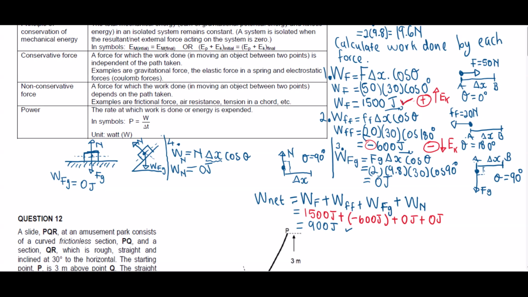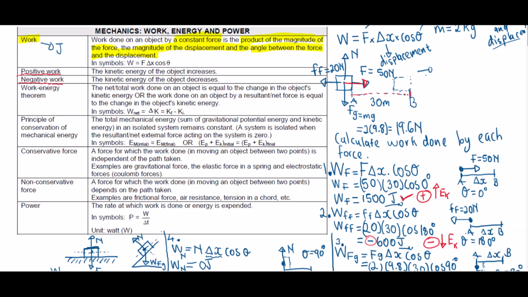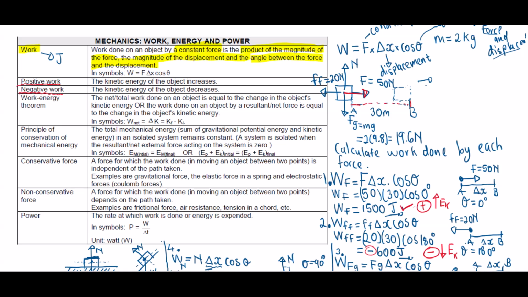So remember what net work is. Net work is basically the sum of the works that are being done by the contributions of all those forces, right? But if you take a look at this one here, we have something called the work energy theorem.